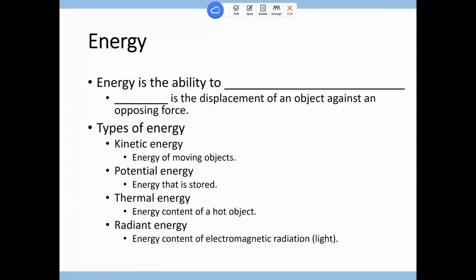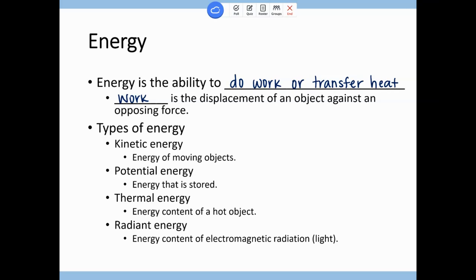So energy is the ability to do work or to transfer heat. And then work is defined as the displacement of an object against an opposing force. So we'll talk about work in a little bit more detail, talk about energy in more detail.